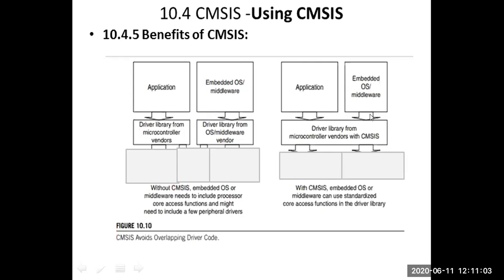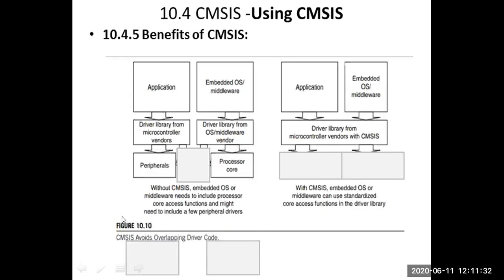Whereas by using CMSIS, you will have a common device library. We saw this in the very first figure. There is a common device library when you use CMSIS for all Cortex M0, Cortex M1, Cortex M3. So in the application without CMSIS, with different libraries for my hardware and different driver libraries for the OS, definitely connections will be needed.